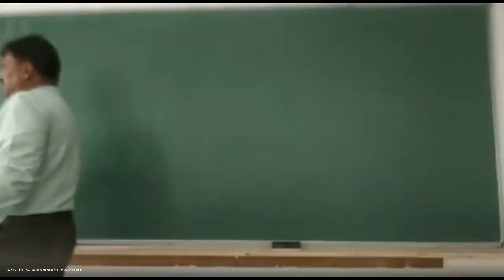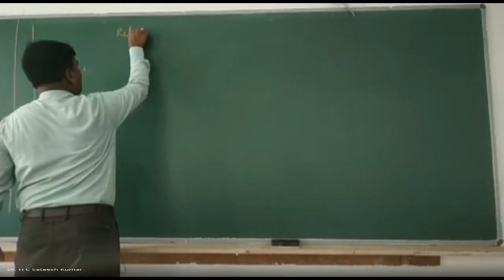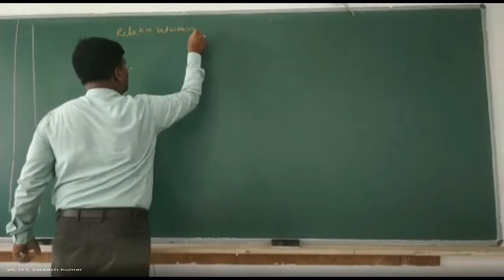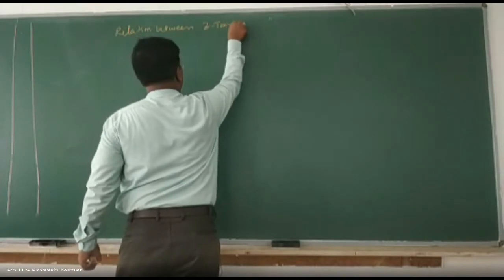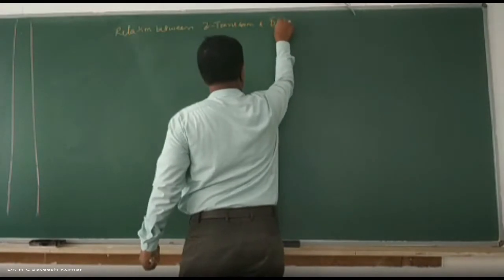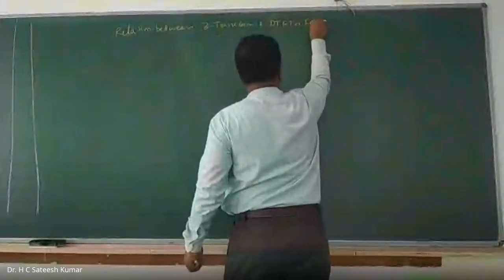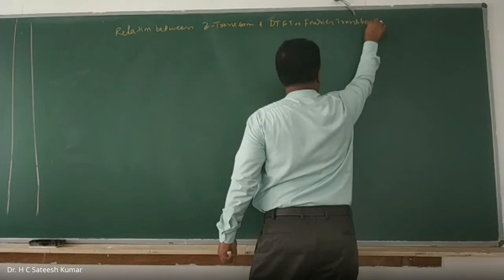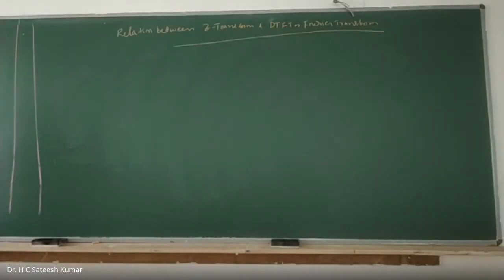So now the relation between Z transform and DTFT, discrete time Fourier transform, or just Fourier transform. How to relate this? Okay, right. So now what is that we have?